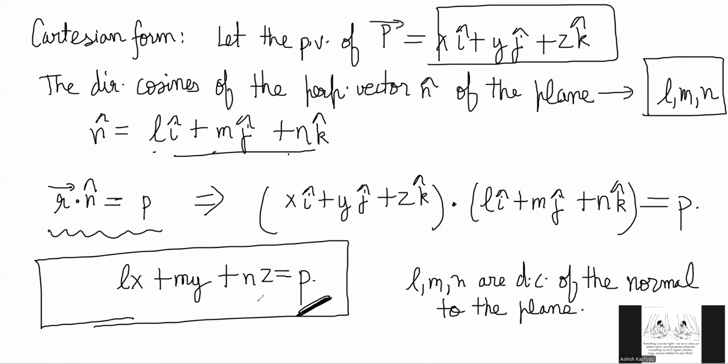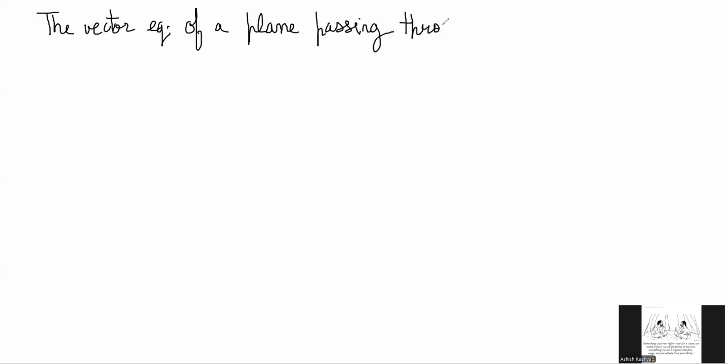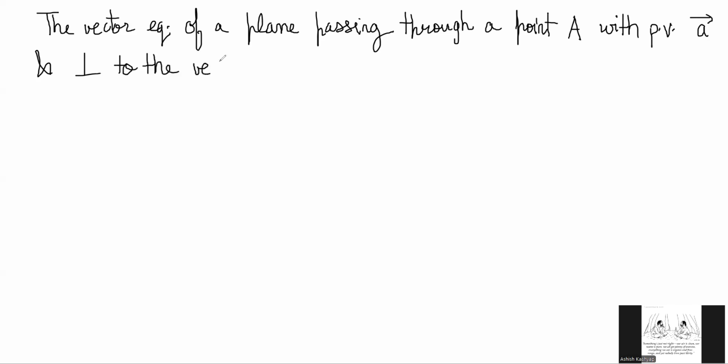Okay. Another point that I would like to bring about here is the vector equation of a plane passing through a point A with position vector a cap and perpendicular to the vector m.